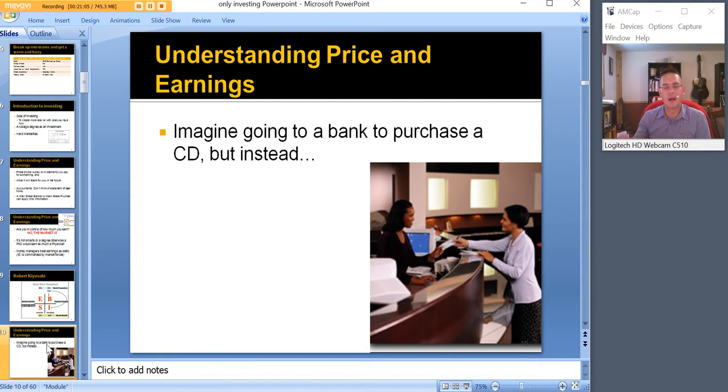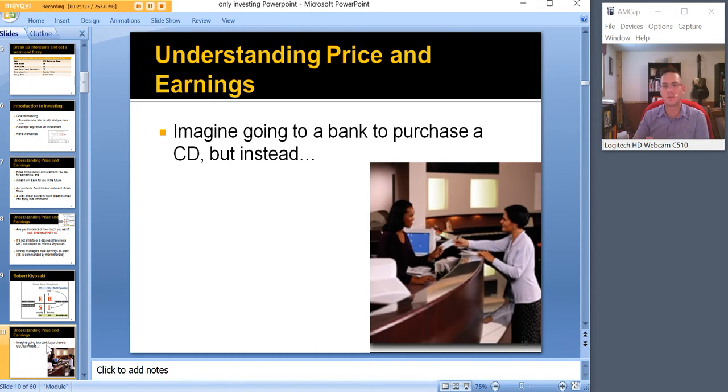imagine going to a bank to get a bank CD, a certificate of deposit, and instead of walking in and saying, I have $10,000, how much will you give me? Imagine instead the bank says, look, we'll give you $10 a year. How much will you give us?